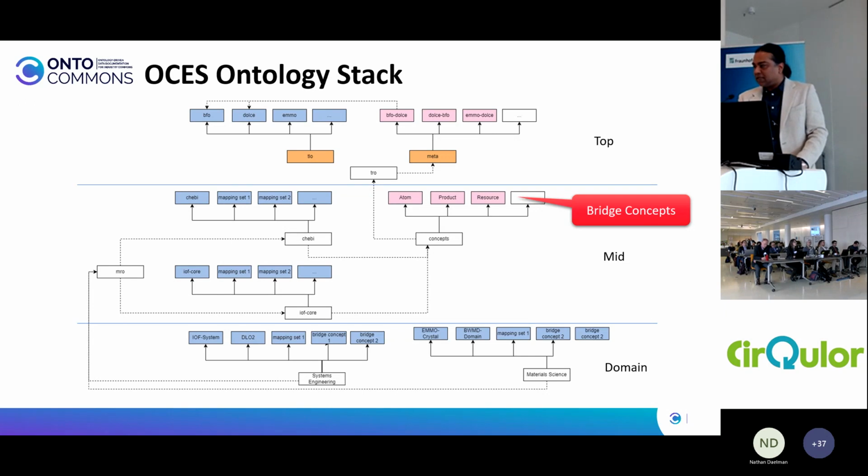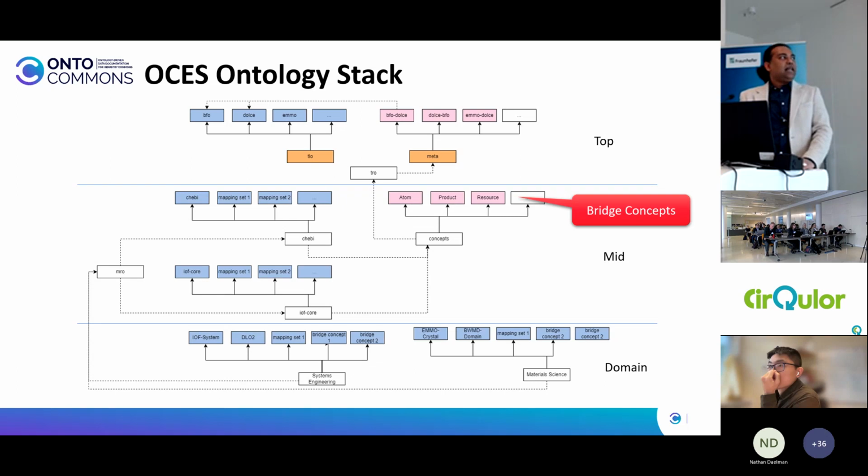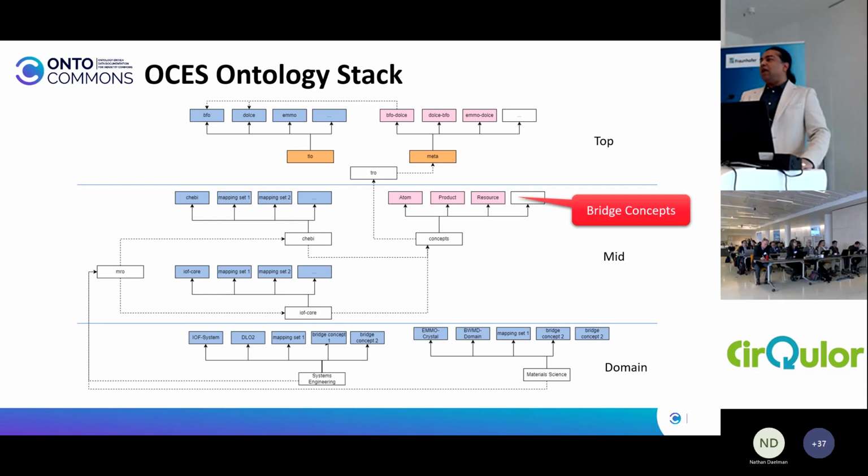But even if it is a different top level ontology, you don't have to worry, because there are mappings between the top level ontologies. For example, some can use BFO, some can use EMMO, but as there is a link between BFO and EMMO, these domain level ontologies will also be interoperable.